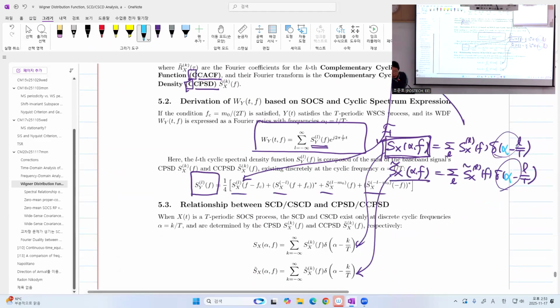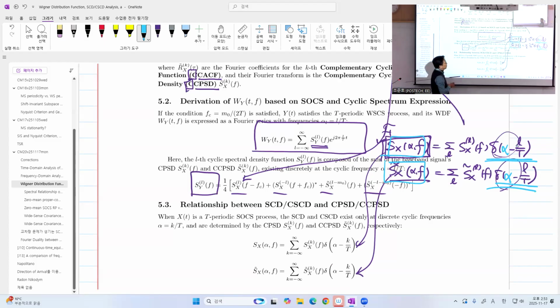So each one has impulse phases spaced by integer multiples of 1 over capital T, the fundamental cycle frequency, along the alpha axis.